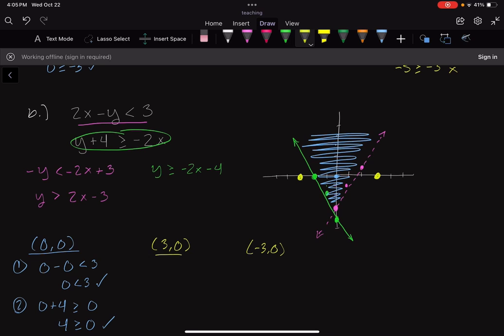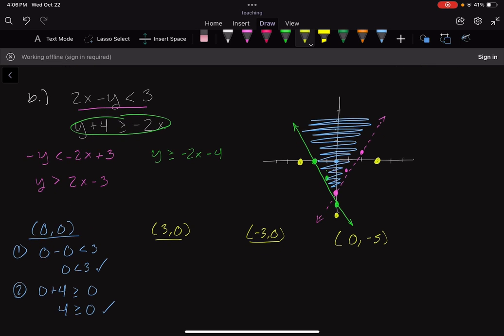So you could try those. And then down here, I would pick maybe 0, negative 5. And so you could go and plug those points in, and they should not work for both lines.